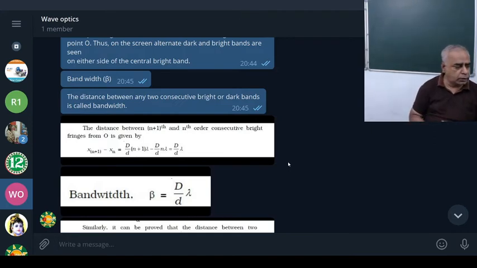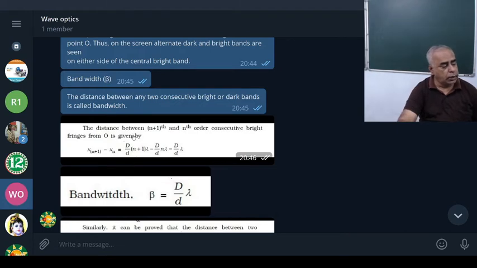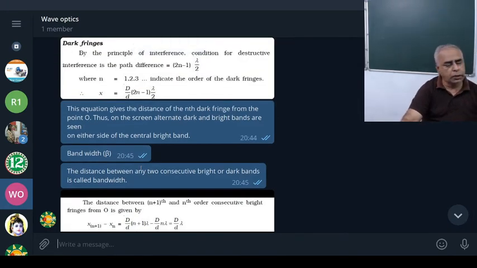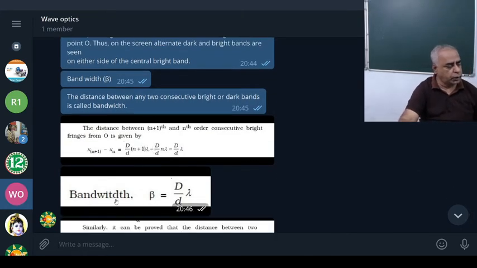Generally speaking, it is the distance between the (n plus 1)th order and the nth order, or between two consecutive bright fringes from O. Therefore x(n+1) minus xn is equal to D by d into (n plus 1). As far as bright fringes are concerned, you have to use (n plus 1) into lambda. For dark ones, you have to use (2n minus 1) into lambda by 2.